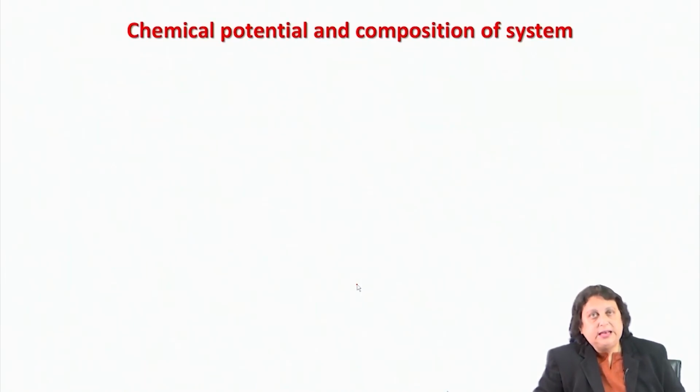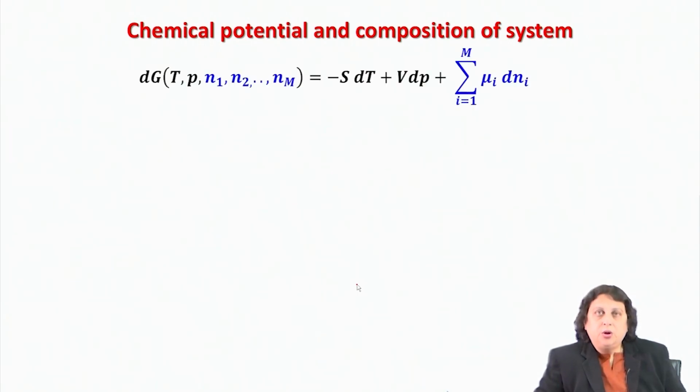Now with this, let us try and understand the difference between chemical potential and something like the concentration of the system, as given in terms of the number of moles. You would obviously wonder, while the other two intensive variables are very easily measured, can we very easily measure the chemical potential?